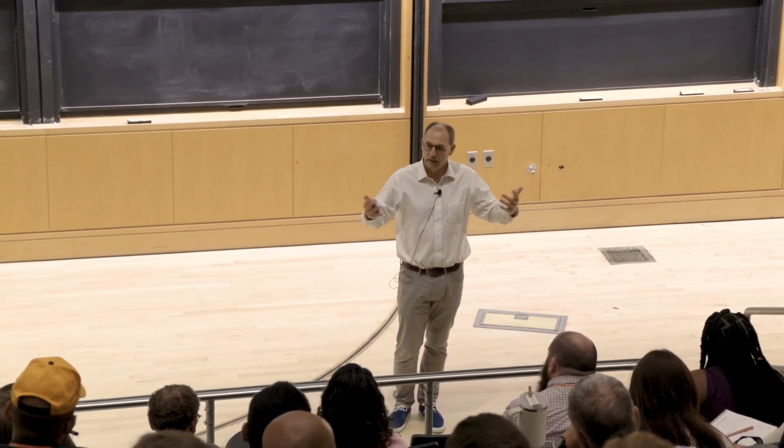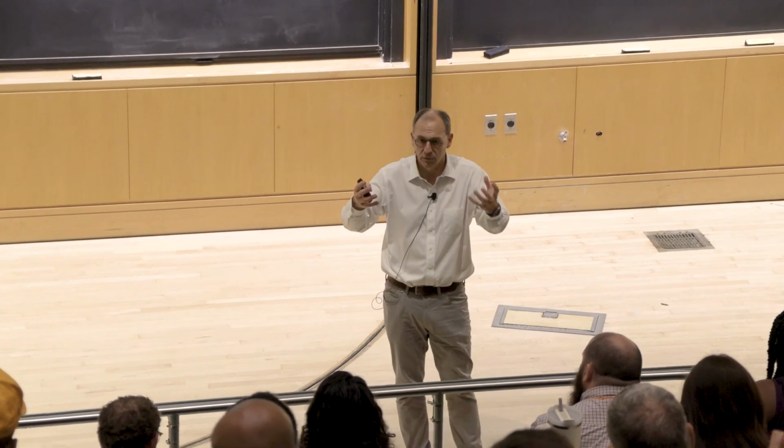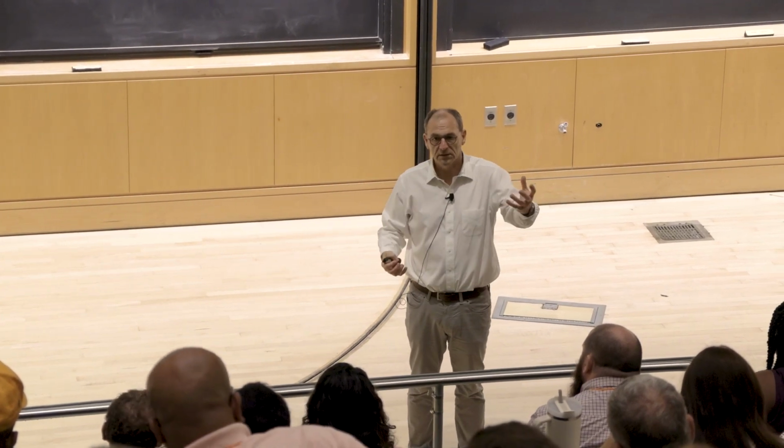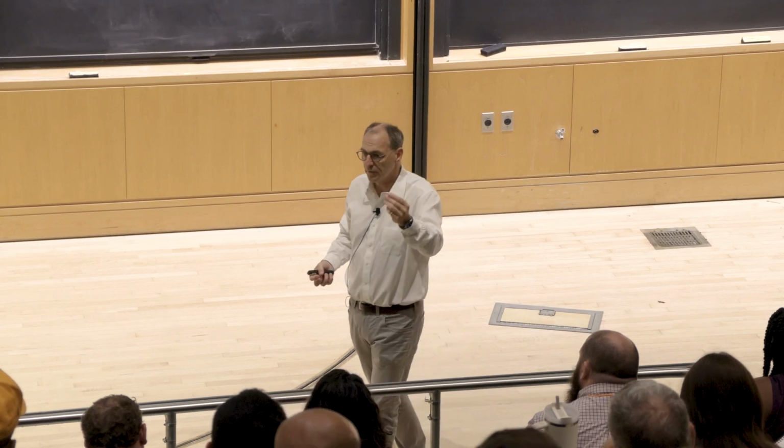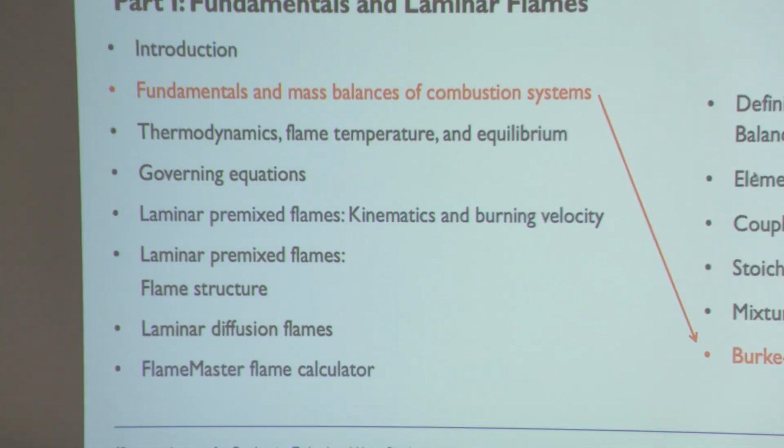It doesn't matter how the streams look. If I have a mixture fraction of 0.3, it means 30% of the mass comes from this stream and 70% comes from the other stream. That's it. How these streams look doesn't matter. You call this the fuel or that the fuel, or it's a blend of fuel and oxygen, doesn't matter.